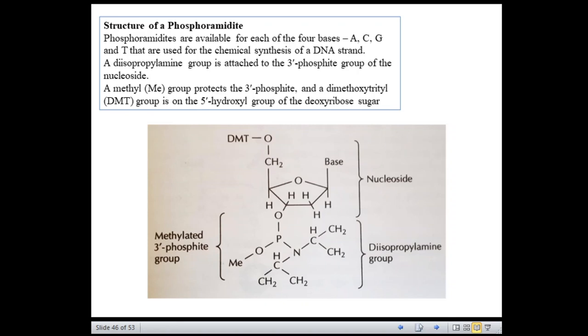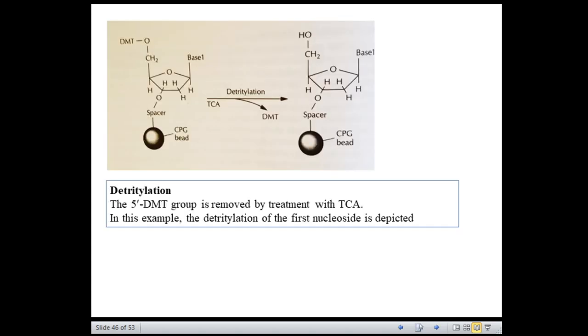Once you remove the DMT from the 5' group, you will get a reactive 5' hydroxyl group. If you carefully see the figure, you will understand that is the detritylation step, which yields a reactive 5' hydroxyl group.